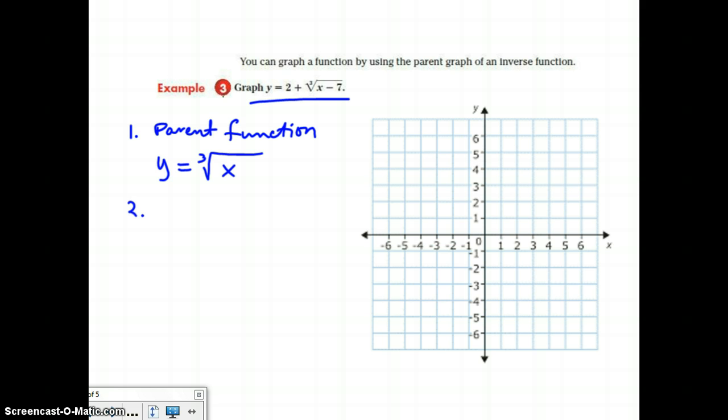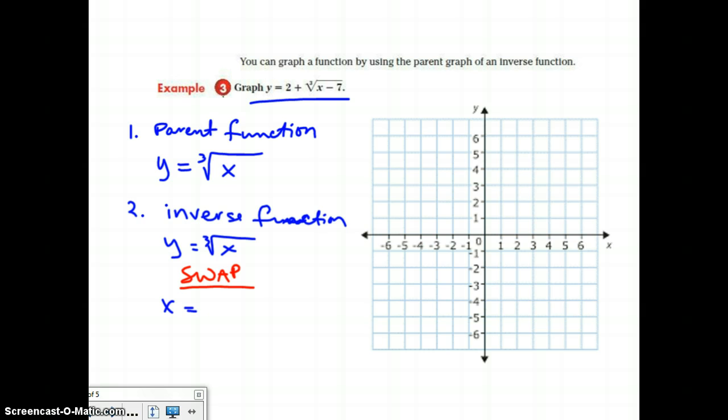And then the second thing is we want to find the inverse function. So we take our y equals the cube root of x, and we're going to swap the x and y so that now we have x equals the cube root of y, and then we're going to solve for y.